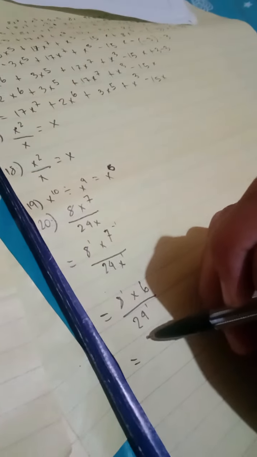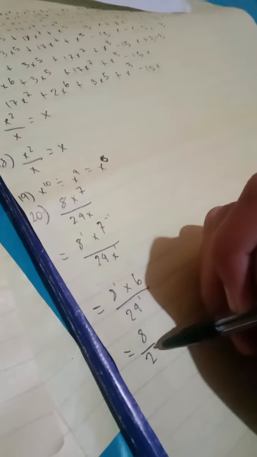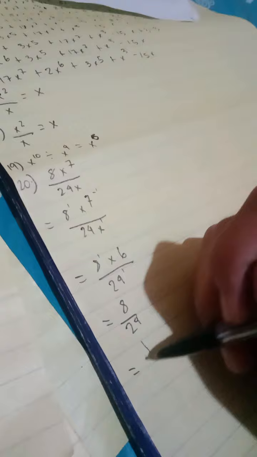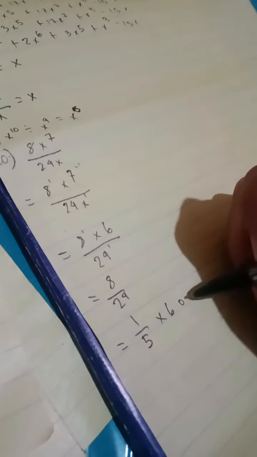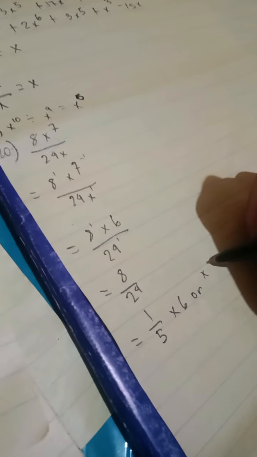Here 8 over 4 and cancel the 8, it will turn to 1 over 5, x to the power 6 over 3. So that's all. Thank you.